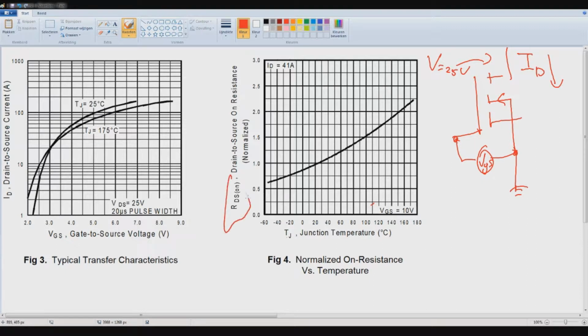But what you can see here is the RDS on, the resistance of the MOSFET itself when it's on, and the temperature of the junction.